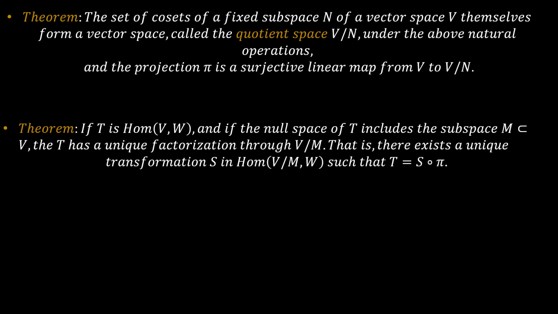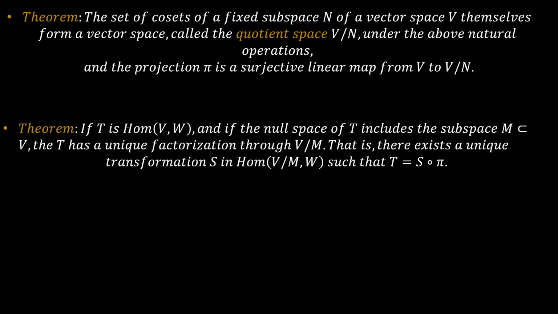Then the next theorem is that if we have this T, a linear mapping, in the homomorphism V to W, and if the null space of T includes the subspace M, which is a subset of V, then T has a unique factorization through V/M. This is the quotient space V/M.